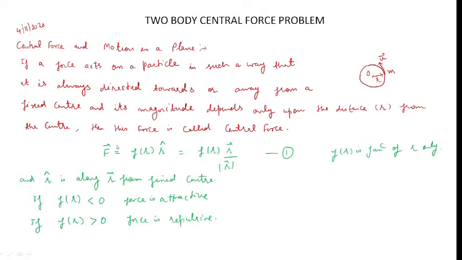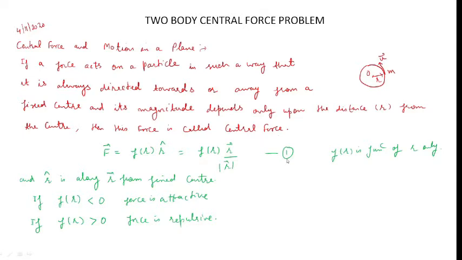Mathematically, we can write the central force as a function of the distance from the center and the unit vector r. You also know that unit vector r can be written as vector r divided by its modulus, and let us say that vector F is equal to F(r) times vector r upon r modulus.